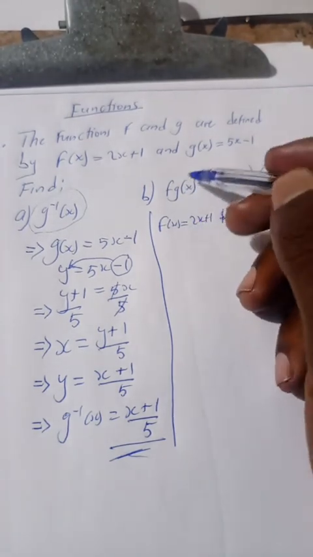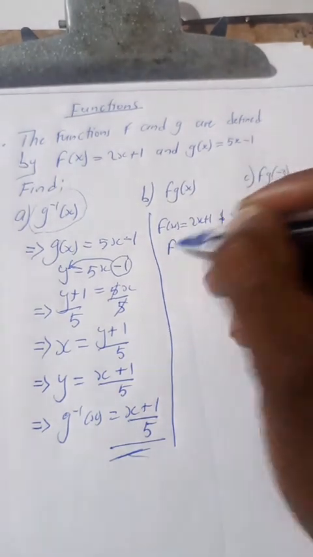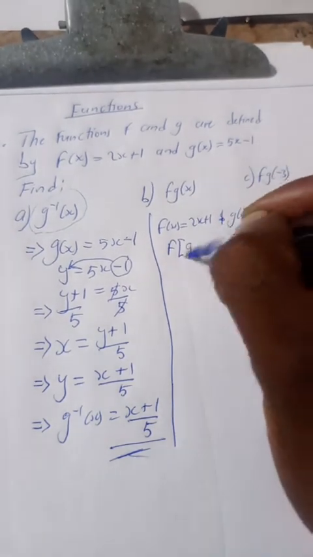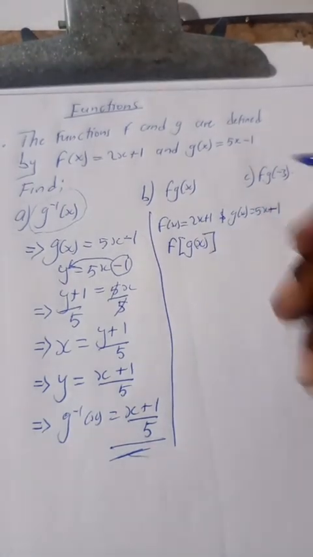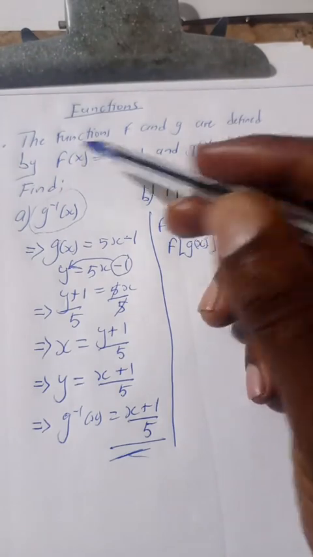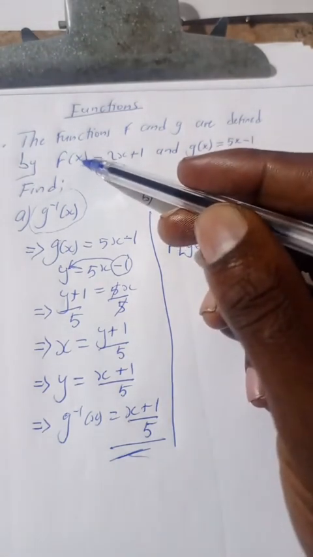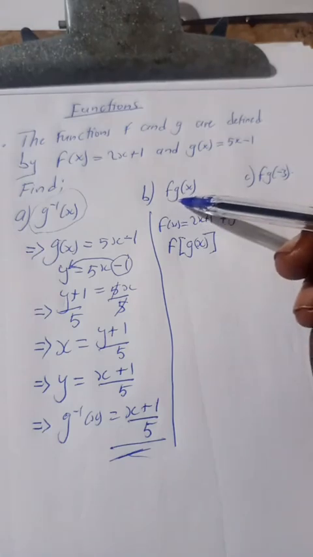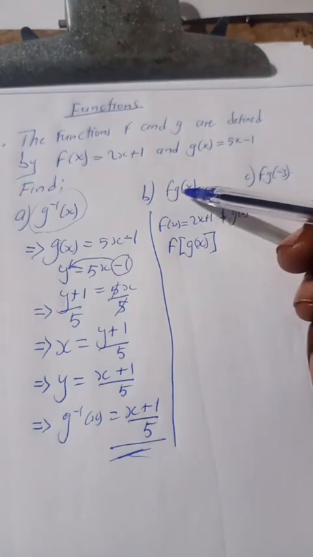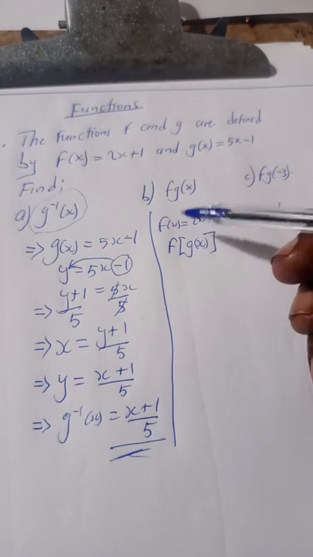Simply, they are saying inside the function of f there is a function g of x. So now if you check in the original function of f, at the part where we have x, in this composite function, they are saying on that point we now have the whole function of g.